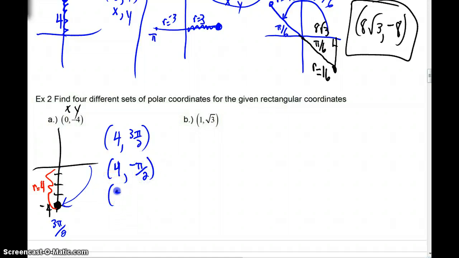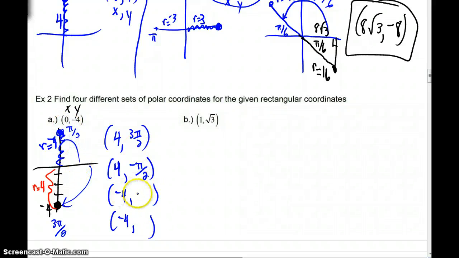You might wonder, well, wait a minute, couldn't we also have a -4? You bet. But of course, negative r's would mean that we have effectively been launched to the opposite quadrant. That's where r equals -4 is. Of course, here we don't have a quadrant. We are on the negative y-axis. Now we're on the positive part of the y-axis. But the angle up here would be pi over 2.